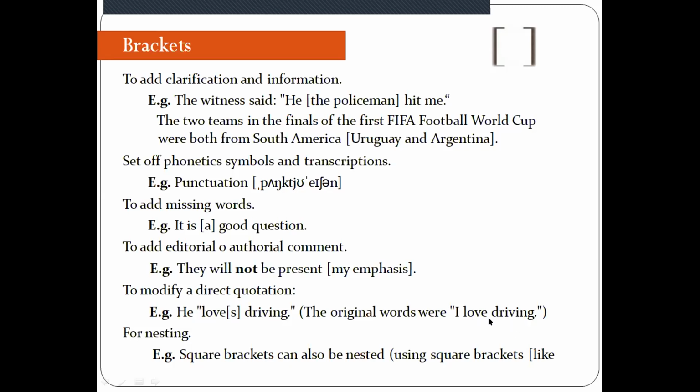It's clear now here in quotation brackets, I love driving. We are trying to clarify this statement. So we put it in brackets to rectify or to modify direct quotations. For nesting, square brackets can also be nested using square brackets like these ones here.